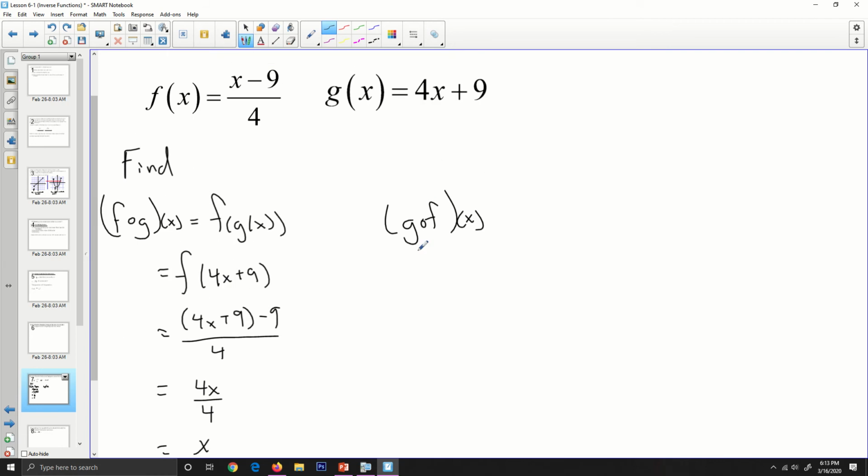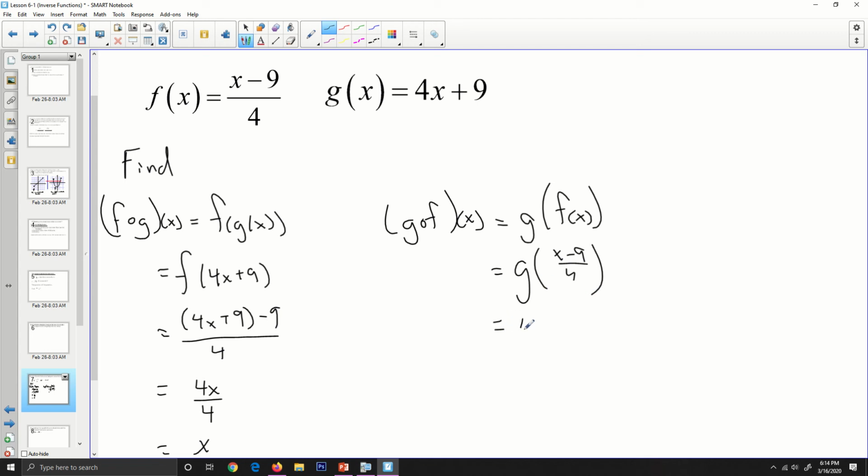The composition of f composed with g reduces to x. We also must do g composed with f of x, which is g with f of x plugged into that function. Now, g has this expression here, and we're going to plug x minus 9 over 4 into g.